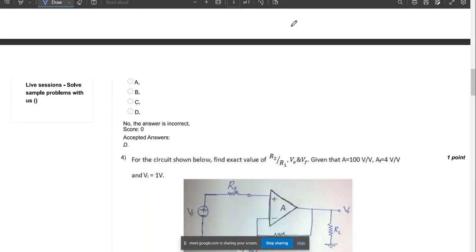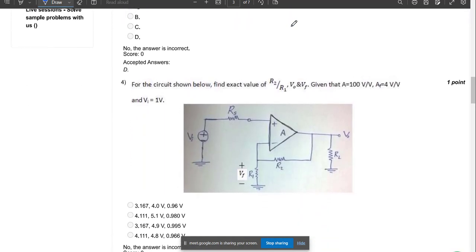Now let's try to solve question number 4. For the circuit shown below, find the exact value of R2 by R1. Vo here is the output voltage, and Vf is the voltage across R1, the potential drop due to the resistance R1.